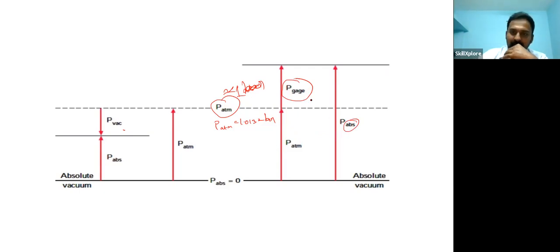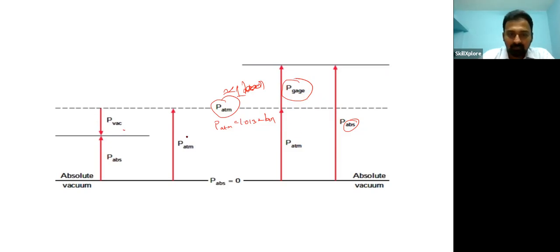What we see in our pressure measurement gauges is not exactly the pressure which is in our environment. That pressure is the external pressure caused by some additional work, that is, by pressurizing a fluid. So that is called the gauge pressure, and the absolute pressure is the sum of gauge pressure and atmospheric pressure.